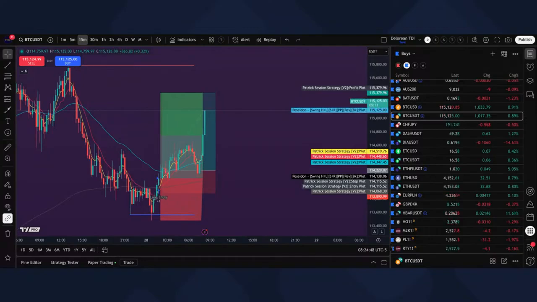With how fast Bitcoin is moving, it is very possible we hit take profit on the trade we literally just took on Bitcoin right before the opening of the New York Stock Exchange.